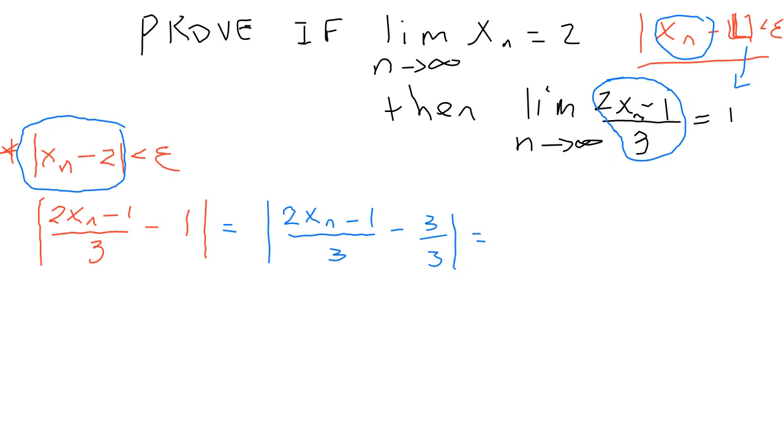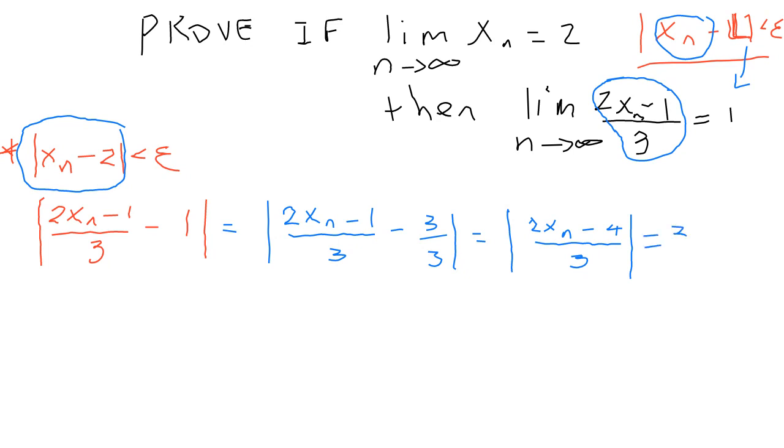Since I have the same denominator, we can subtract. That's now 2x sub n minus 4 over 3. Good so far? I'm going to now factor out the 2. Matter of fact, factor out the 3 as well.